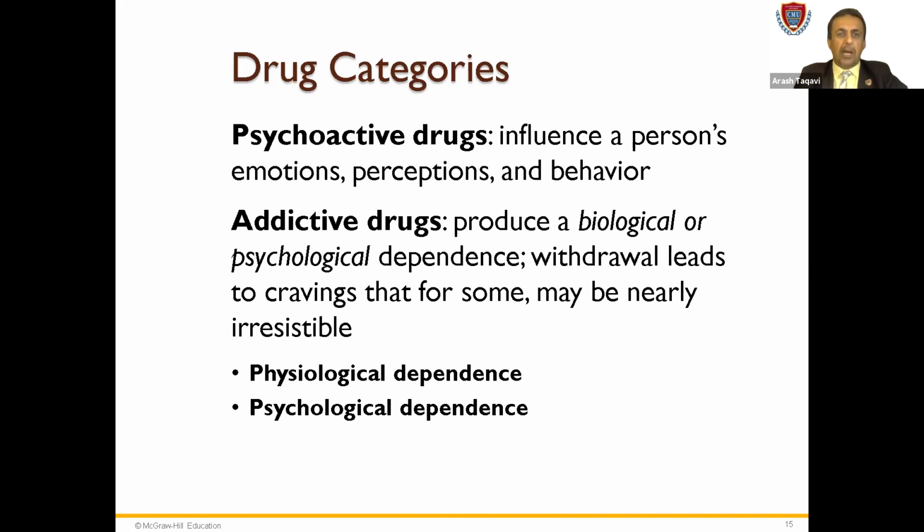We have 13 psychoactive substances. One of them is coffee. One of them is the opium family, opioids. One of them is cocaine. One of them is hallucinogens. One of them is cannabinoids, something from marijuana. Yes, marijuana and hash are psychoactive substances, and alcohol and coffee.